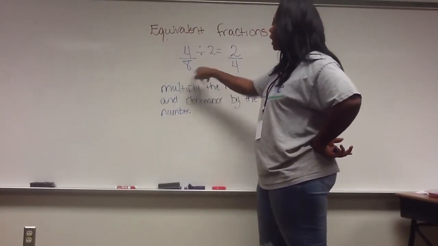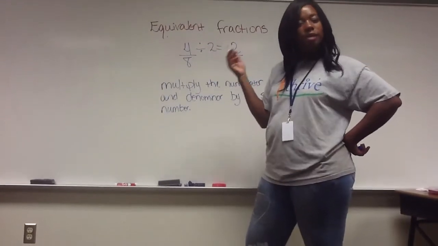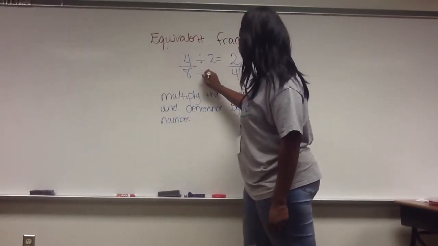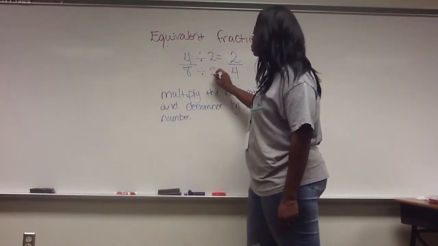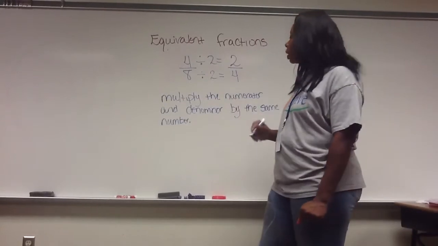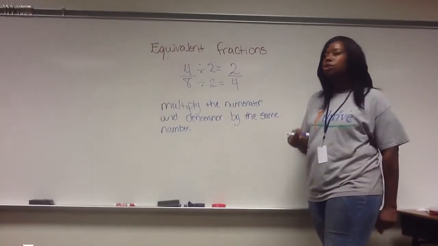How can I get from 8 to 4? Okay, y'all are catching on, because I know you're thinking to also divide by 2 as well, and that's correct. 8 divided by 2 is equal to 4. So, here's something else you can do.